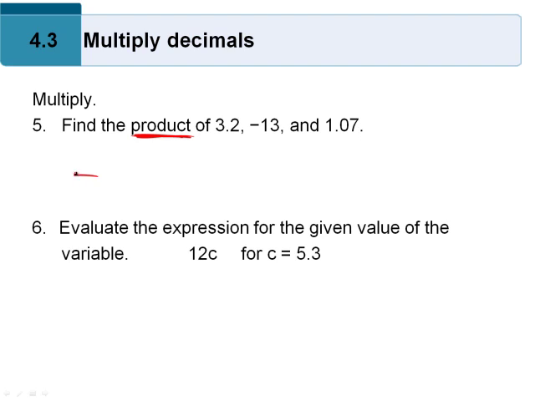Now, you can put all of these in. You can do 3.2 times 13 times 1.07 and then hit your equal sign, and you get a negative 44.512.